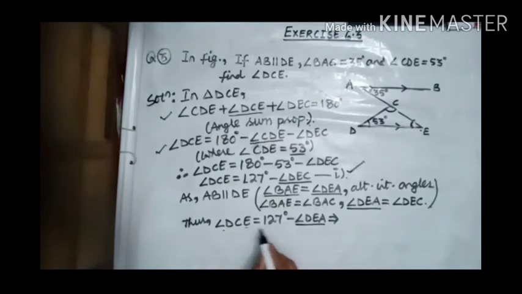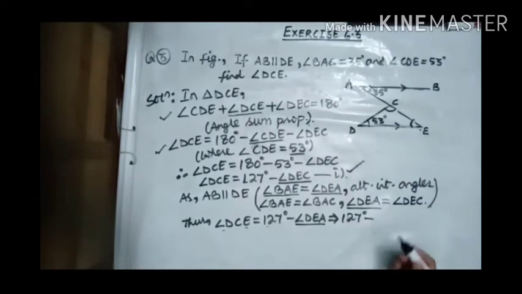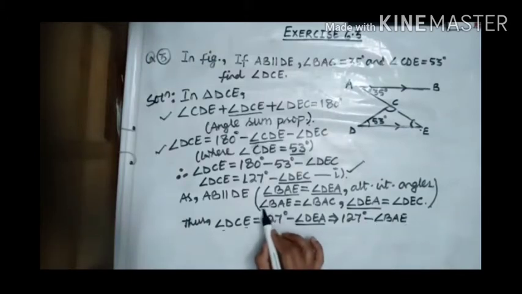So this DCE equals 127 minus, in place of DEA we use BAE. And this BAE is nothing but angle BAC.